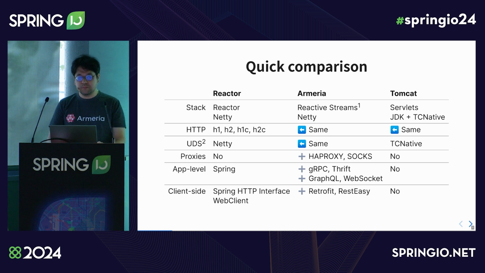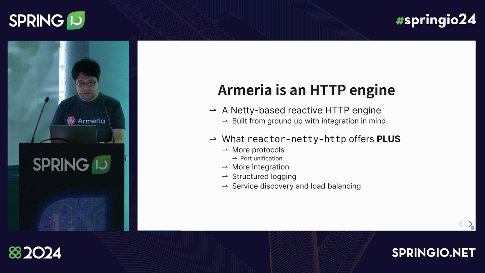Armeria is also capable of doing the same, but plus it integrates with other popular client libraries like Retrofit and RESTEasy. So to summarize, Armeria is a reactive HTTP engine with good integration with third-party technologies, Spring and non-Spring alike.